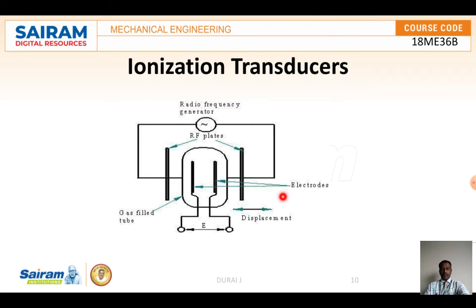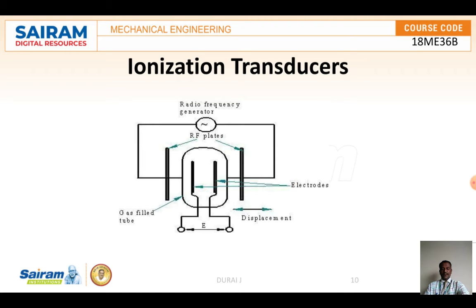So when the tube is at the central position between the RF plates, the potentials on the electrodes will be the same, but when the tube is displaced from this central position, a DC potential difference will be created over here.